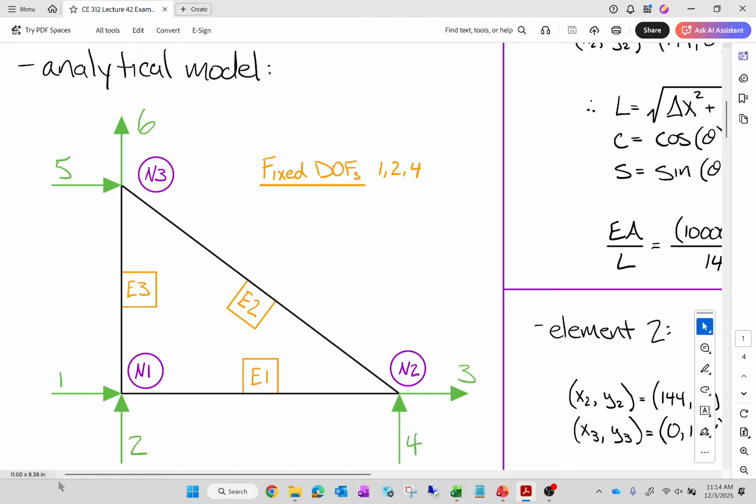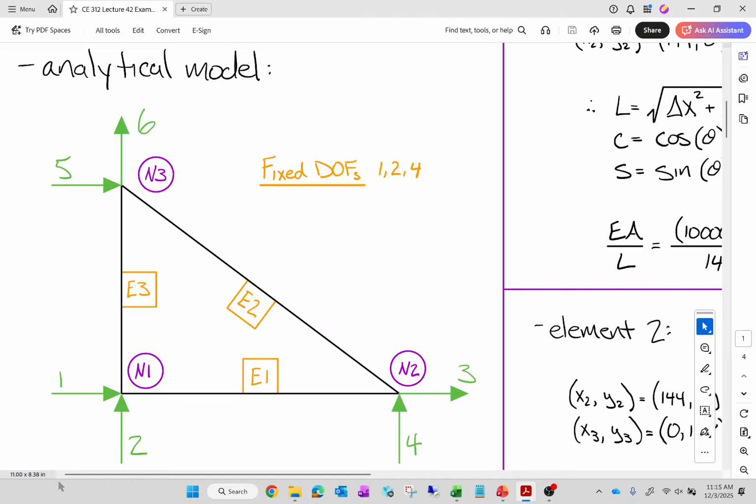In order to do that, we probably need to pick an origin. So we'll pick node 1 as the origin, and we'll say the coordinates of this are 0, 0. So let's go back to basic graphing. What are the coordinates of node 2? Like if I were to get the x, y coordinates of node 2, what would it be? 144, 0. Okay, so this is 144, 0.